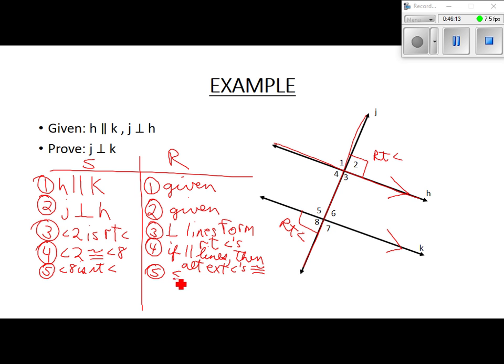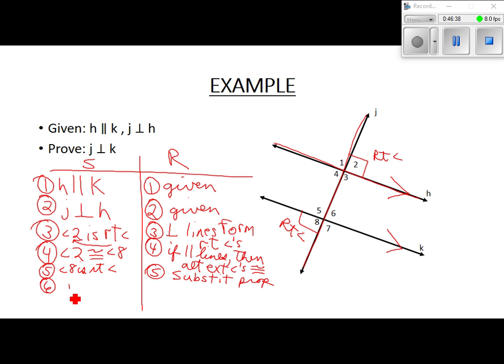You could just put substitution, I would probably accept that. Probably not the greatest thing, but we sort of used substitution there. We took this up here and said angle 2 and angle 8 are the same. Angle 2 is a right angle, so we could take out angle 2 and stick angle 8 in its place.